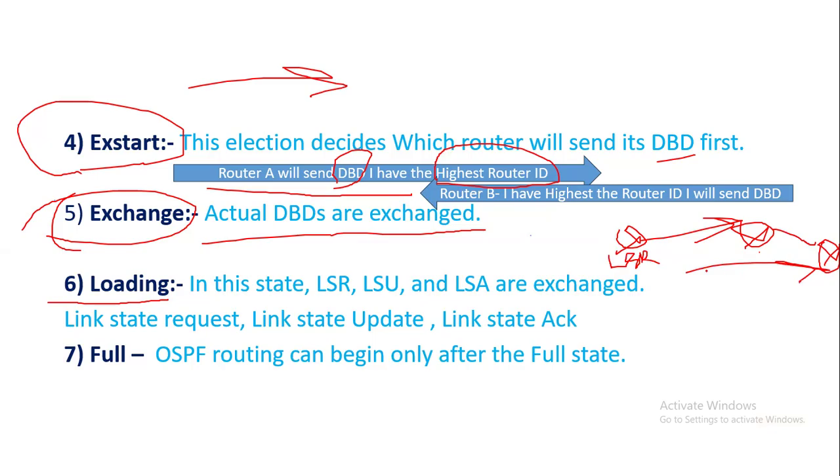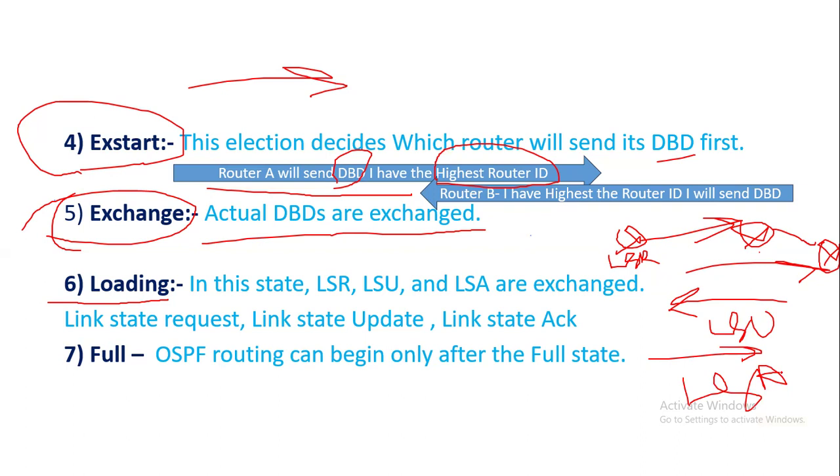And once that router replies, okay, this is the IP of that router and this is its routing information, then it will send it as an LSU packet, that means link state update. After that they will send the LSA, that is link state acknowledgement.